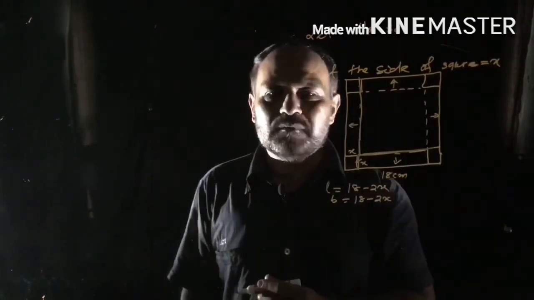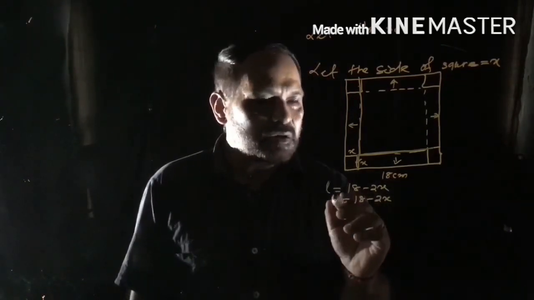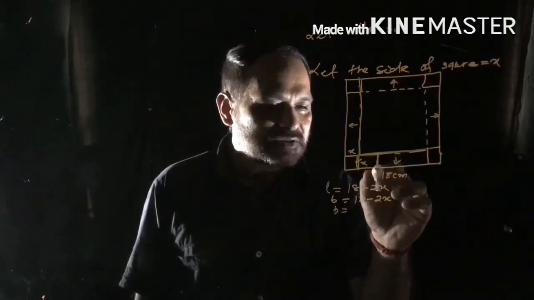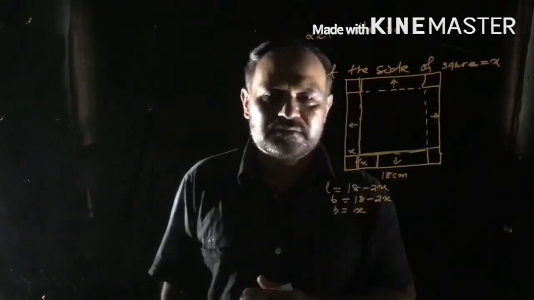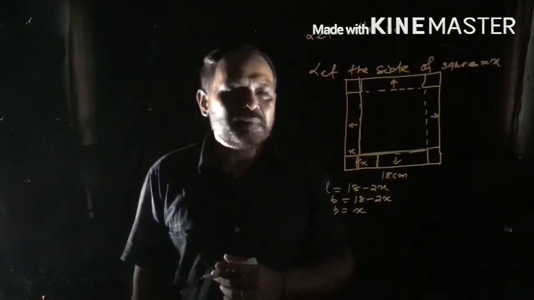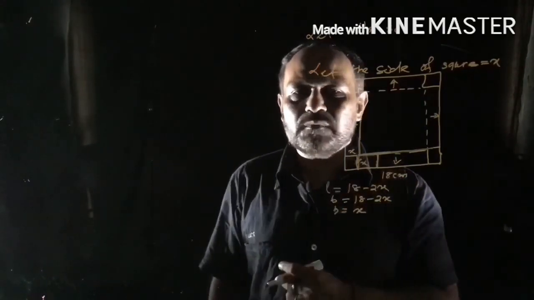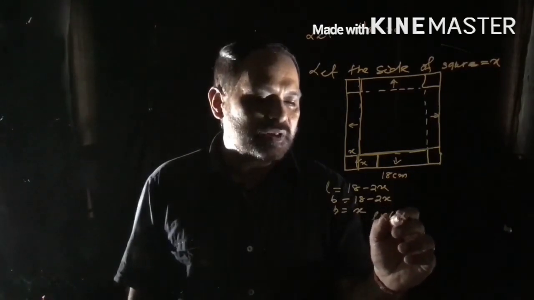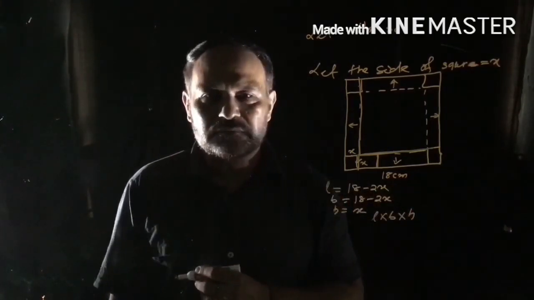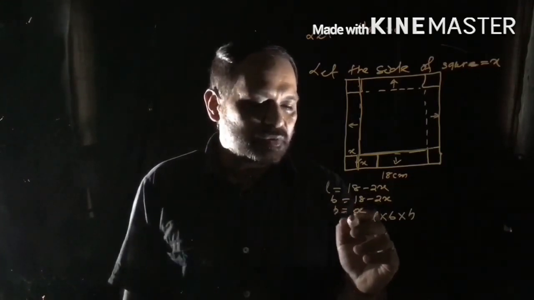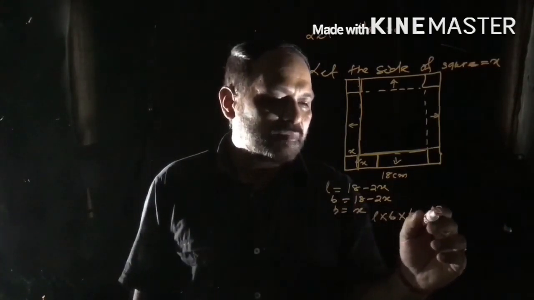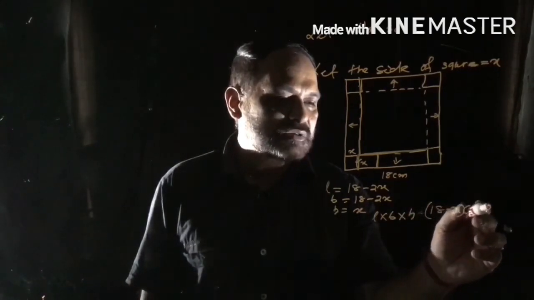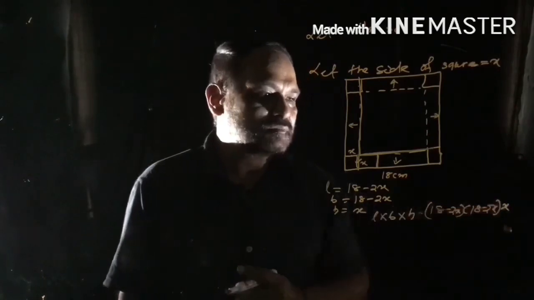We have to find out the maximum volume. Therefore, what is the height? Height of the open box is x. What is the formula to find its volume? Volume is equal to L into B into H. So this is equal to (18 minus 2x) into (18 minus 2x) into x.